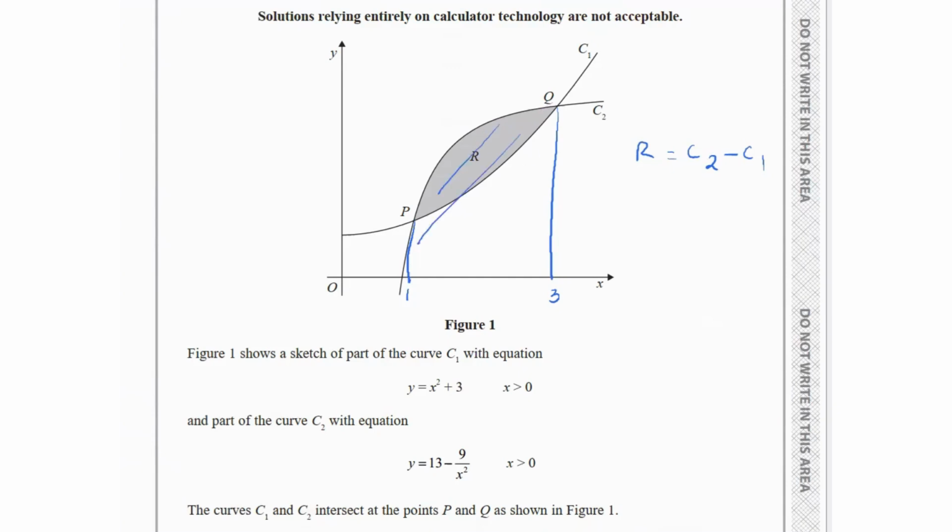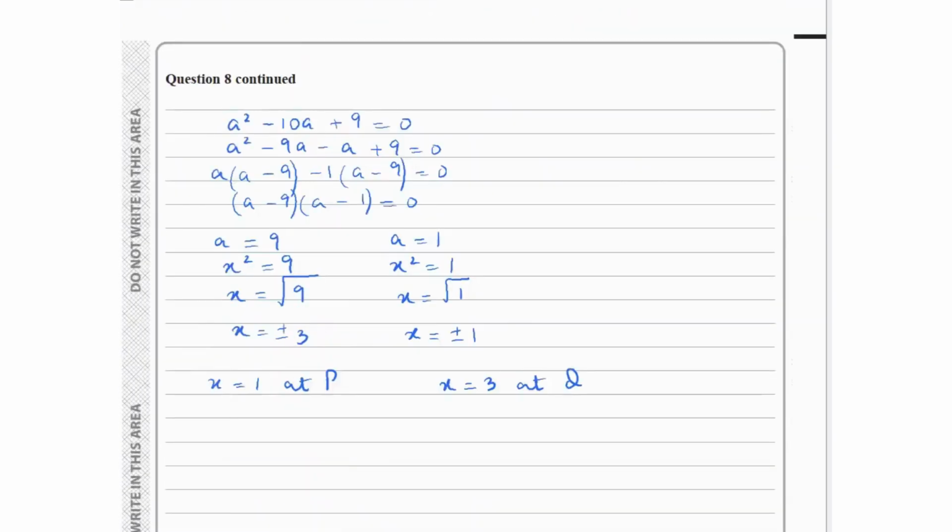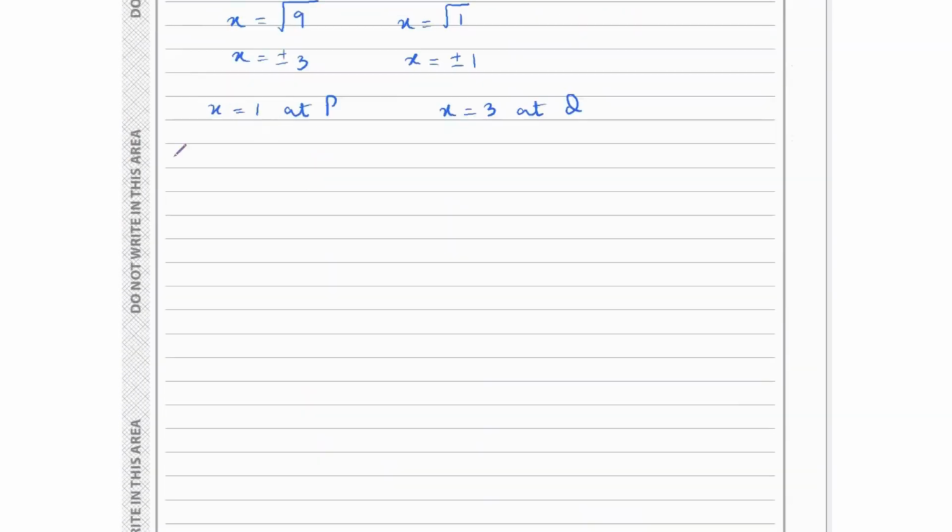C2 is going to be all of this, and C1 is going to be this part. So if we minus C2 and C1, that gives us R. So this is the equation that we're going to use to find the area of region R.